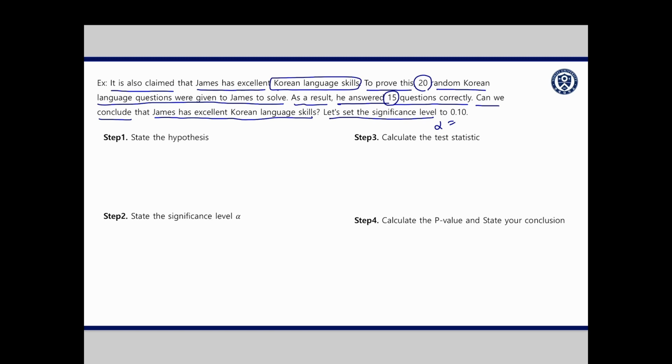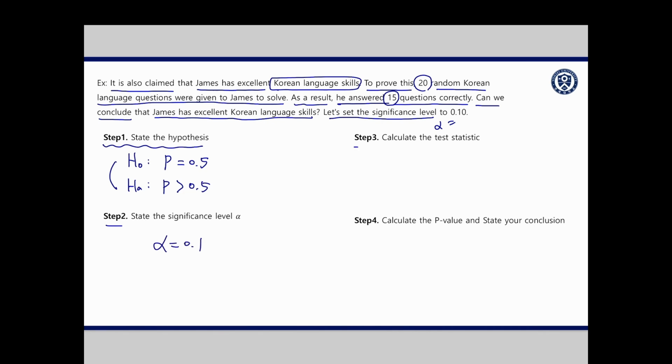Okay, first we set up the hypothesis. H0 states that the probability of answering a question correctly, that is P, equals 0.5. Then the alternative hypothesis is P greater than 0.5. Okay, and the second step is the significance level. It is given as 0.1 in this example.